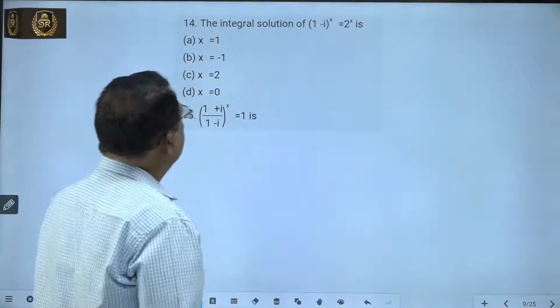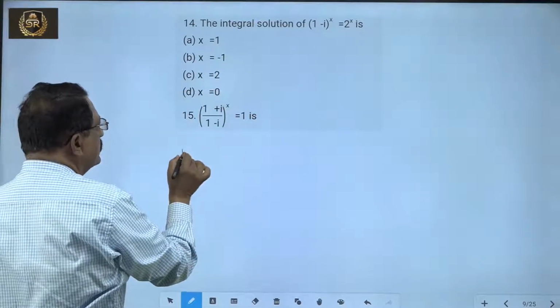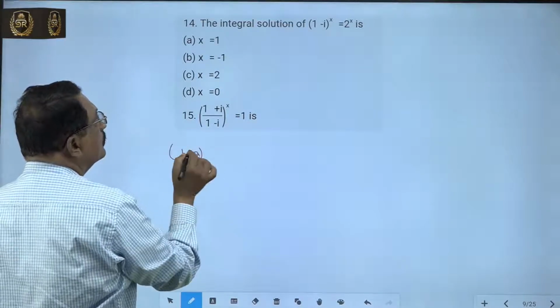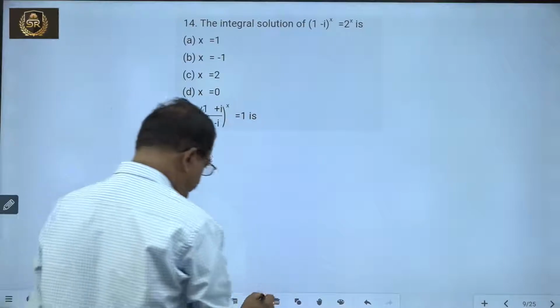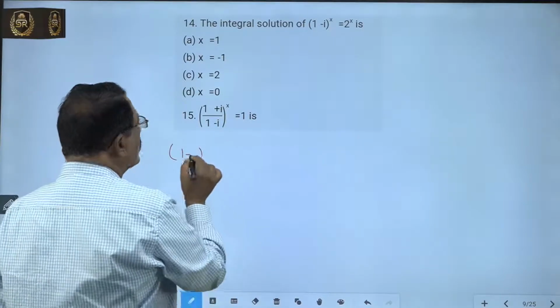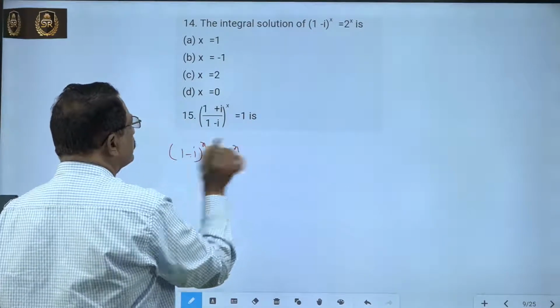Next, ninth problem. The integral solution of 1 plus i whole to the power of x equals 2 power x.